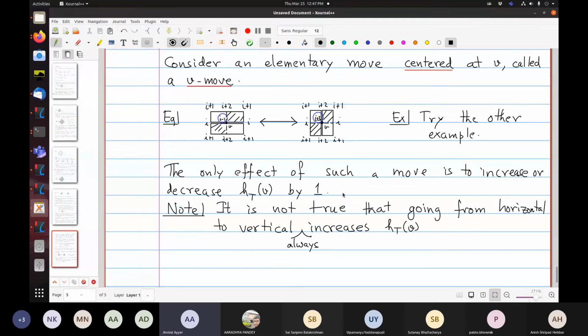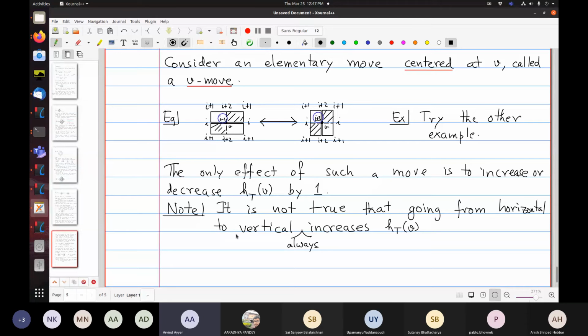I'm preempting what will come later. But in fact, to get from the all horizontal to the all verticals, you might have to go at some point from vertical to horizontal. This might happen actually, and we will see actually that it does happen.